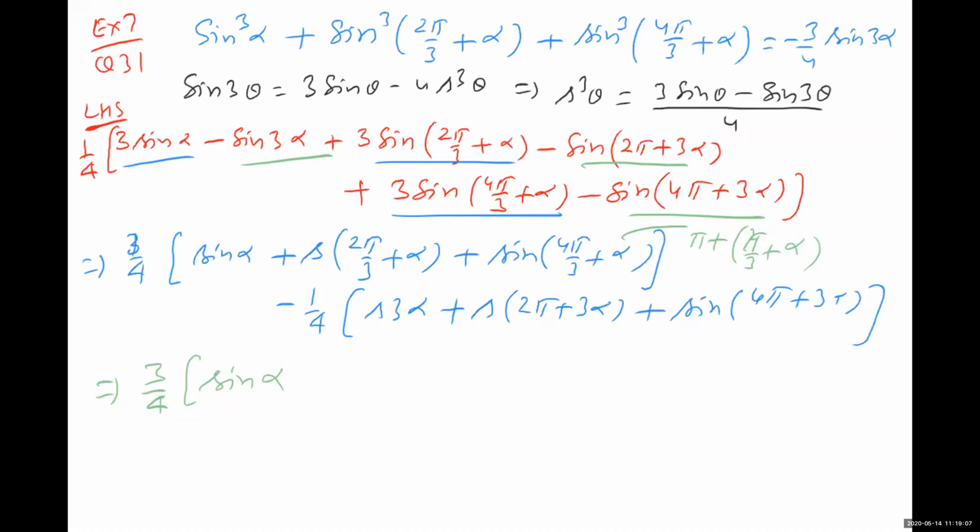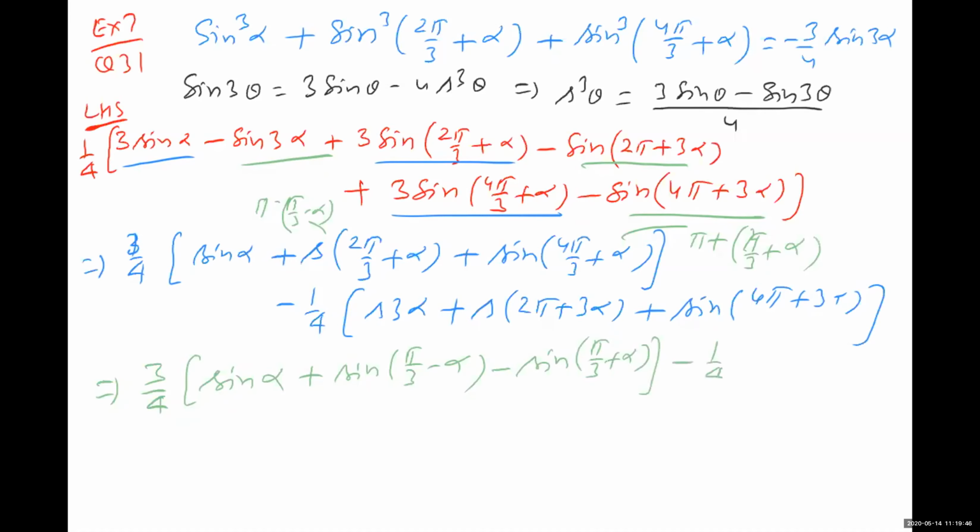And this you can write, if you want, sine (pi minus pi by 3 minus alpha). So sine (pi minus alpha) is sine alpha. So this will become plus sine (pi by 3 minus alpha). And this will become sine (pi plus pi by 3 plus alpha). Which quadrant? This is in the third quadrant. It will be minus. So minus sine (pi by 3 plus alpha).